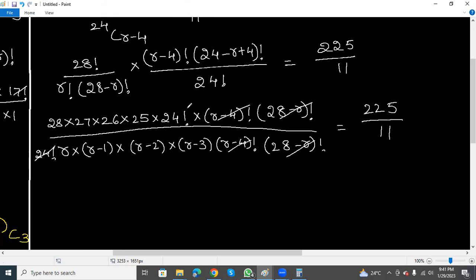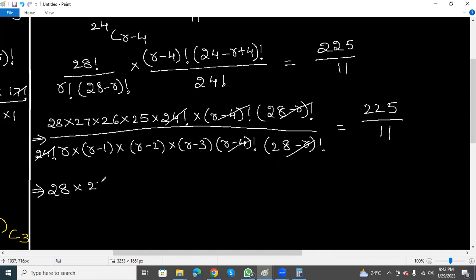So now what we will do: all the numbers we will shift to the right side, with the variable r terms on one side and the constants on the other side. So let's shift. I'm writing the constants here.